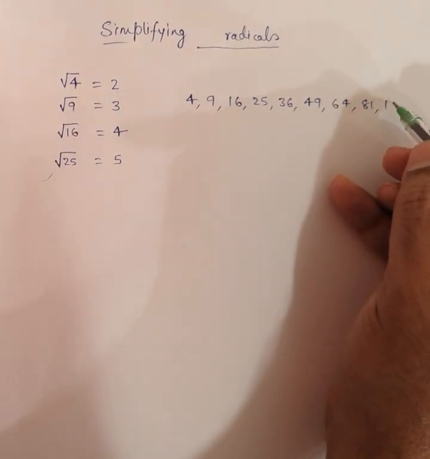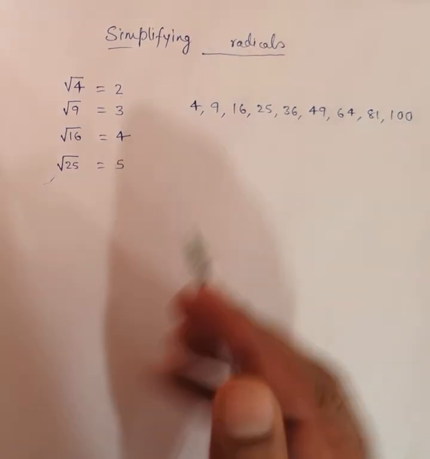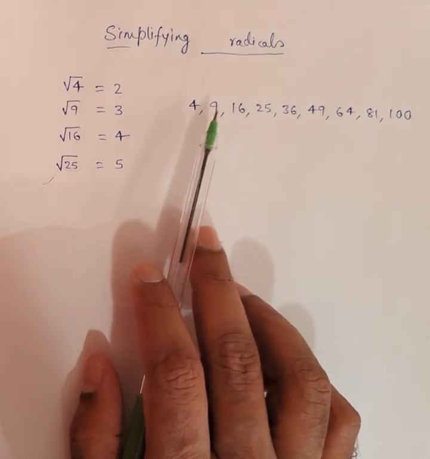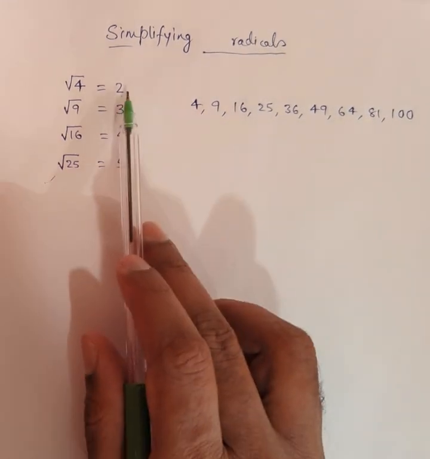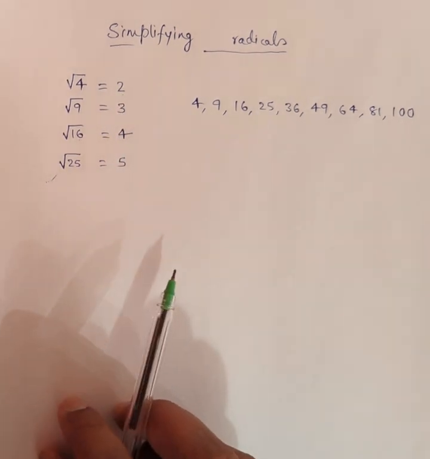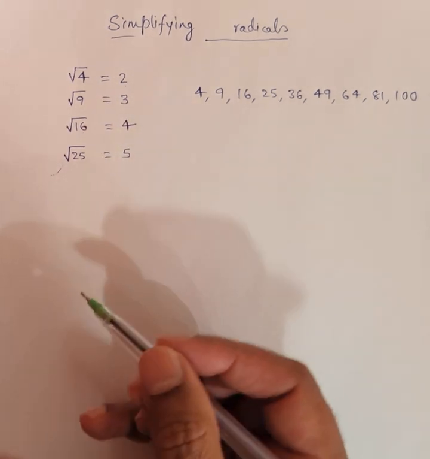I can keep going, but I think I'll stop there at 100. So these are all good numbers. They are perfect squares. So anytime these numbers are under square root, you're going to get nice integers for your answer. But not always you're going to find those good numbers.